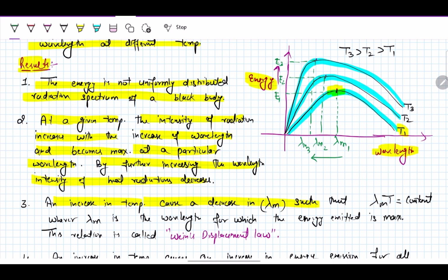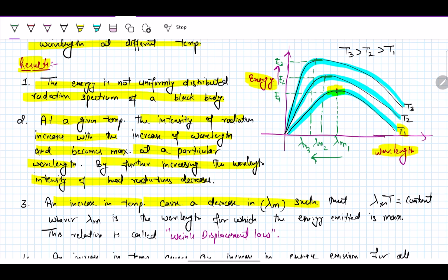So from here itself we can observe that the maximum of these curves is shifting towards the lower wavelength. Okay, so it means lambda max is shifting towards the lower wavelength, and at a particular point, this lambda will be constant.